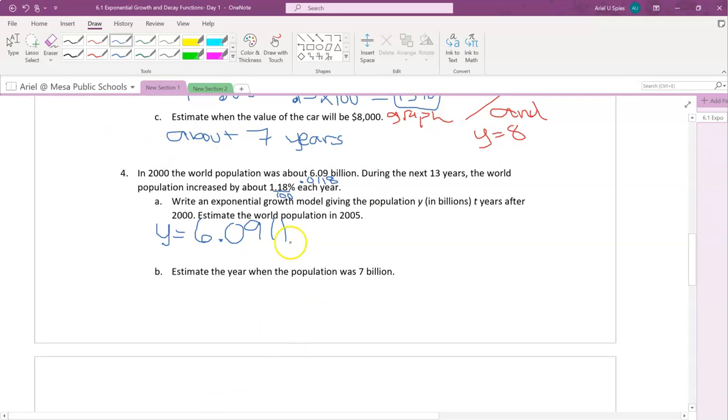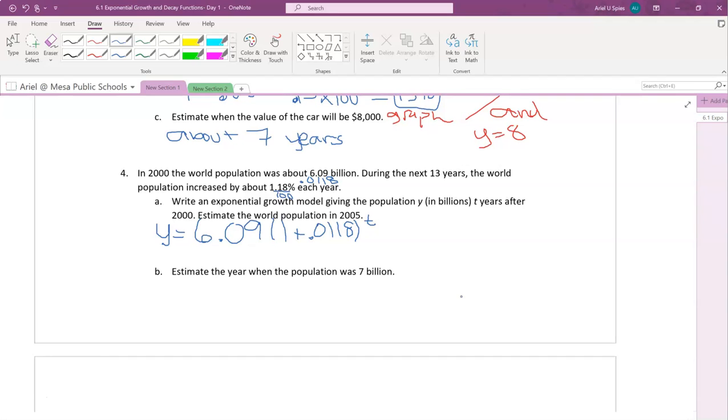And then my exponent is t for time. So that's the first part, the answer of this question.